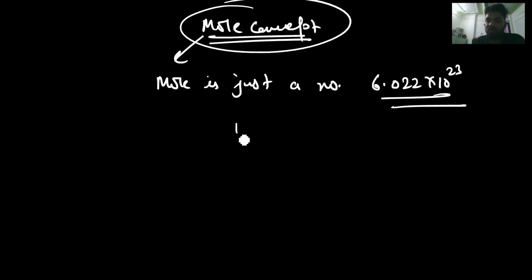The mole is just a number. Like we have 1 dozen, which has a value of 12. One decade means a period of 10 years. One century is a period of 100 years. Similarly, in chemistry we have this number, 6.022 into 10 to the power 23, which is called 1 mole.